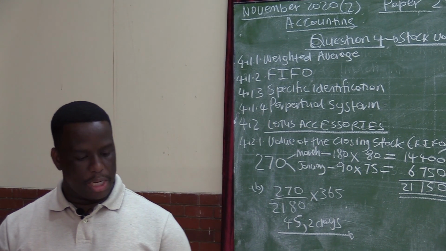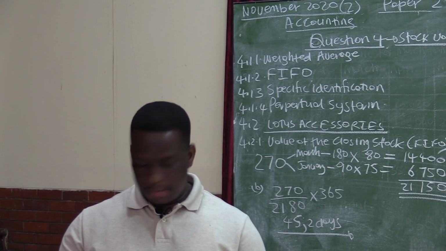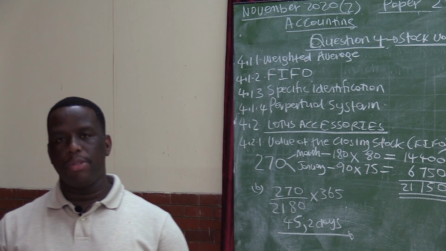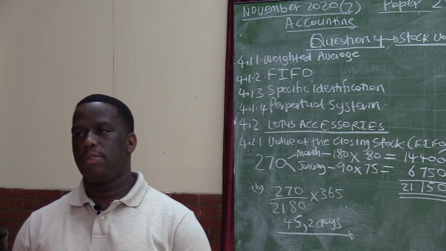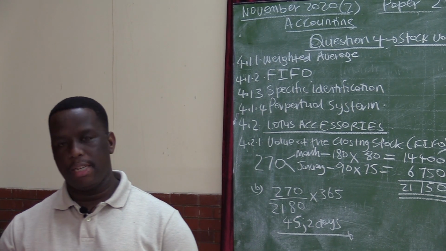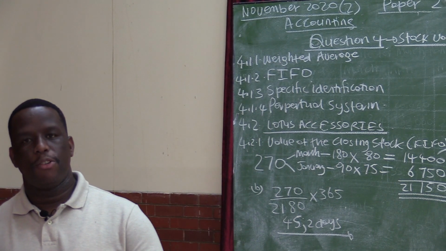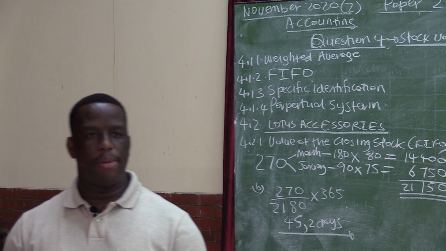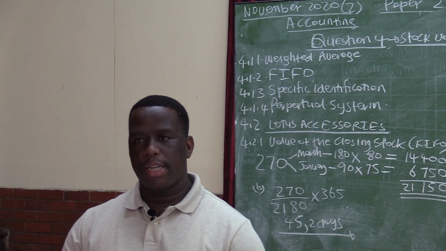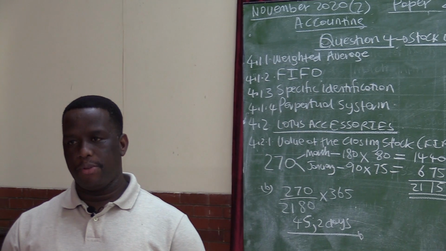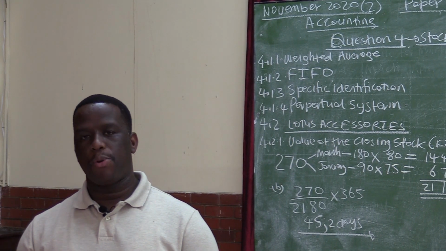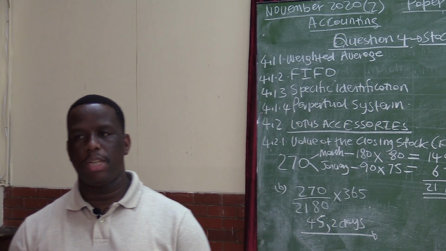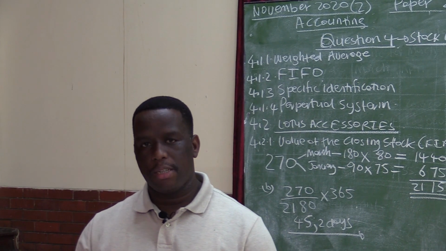Our question 2 in this paper was based on cost accounting, which is manufacturing. We did emphasize that when we go to a manufacturing industry, you would expect to have 3 departments: the administration department, the factory department, and the selling and distribution department. In most cases here we were tested on the production cost statement, which is basically in the factory department.